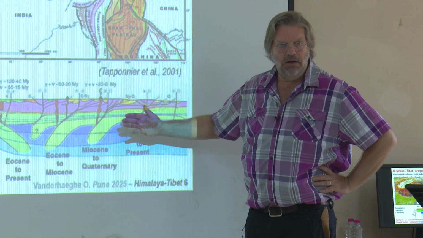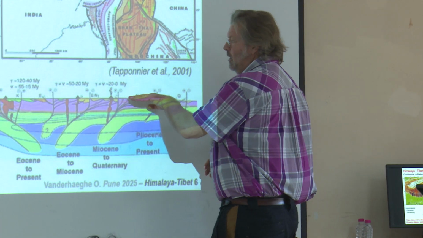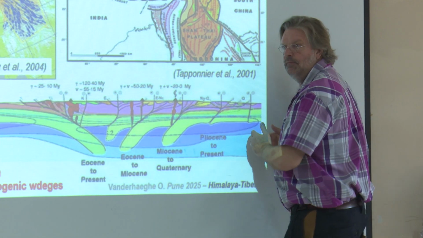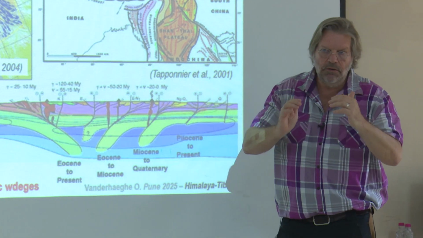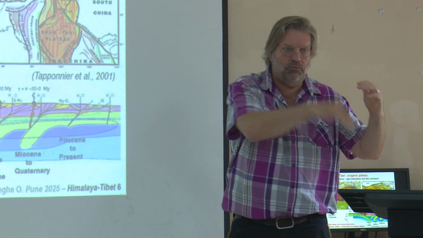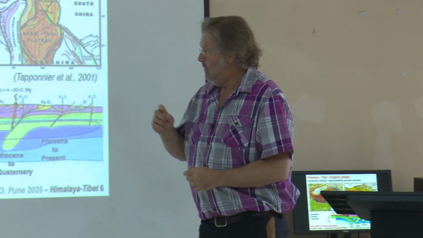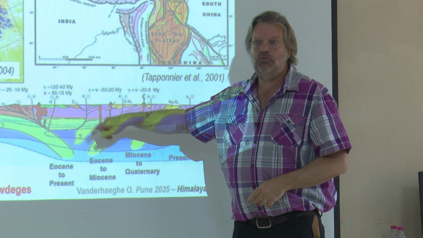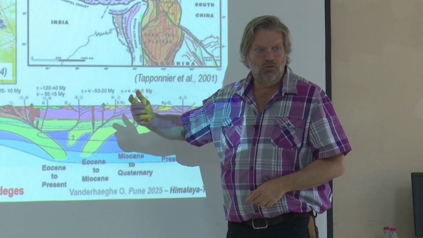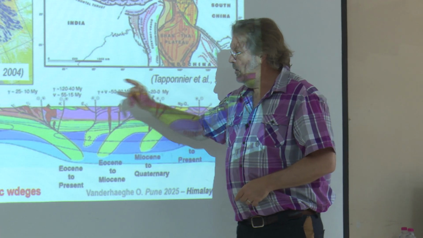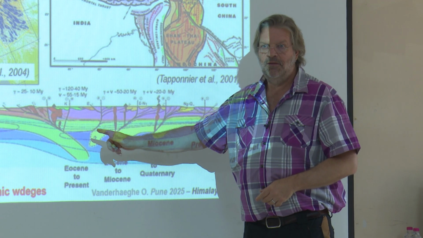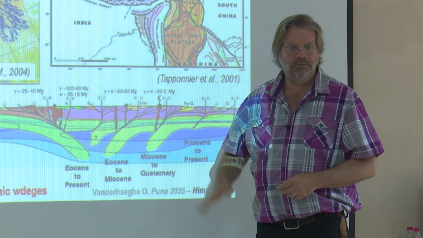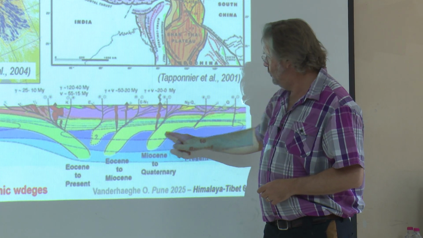The implication here is that in this model, the plateau is explained by juxtaposition of orogenic wedges. There's one wedge, and then another one, and another one, each one related to a subduction. And that was the idea that each suture would correspond to one plate closure, right? So one suture, one plate. 1, 2, 3, 4, 5 sutures, 5 plates.